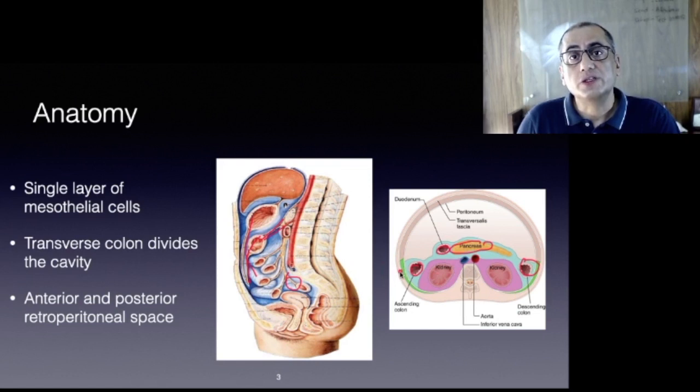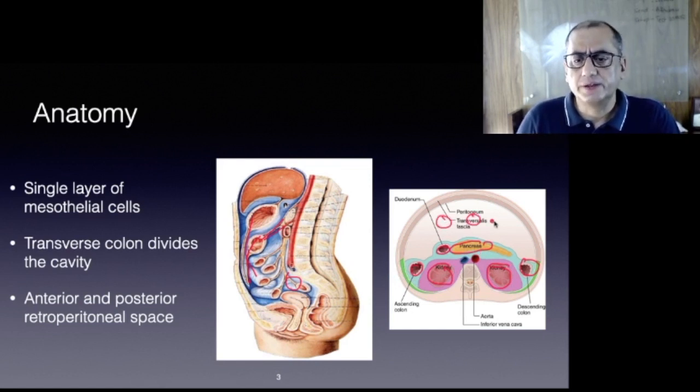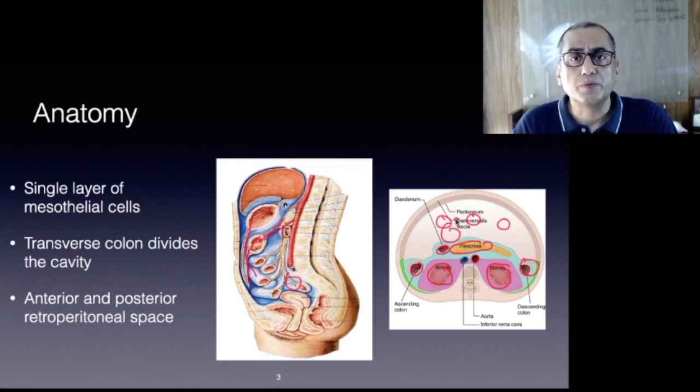The kidneys, ureters, and adrenal glands are found in the posterior retroperitoneal space. The rest of the organs are found within the peritoneal cavity. This arrangement of organs and peritoneal folds directs the movement of spilled bowel contents and is of importance in the presentation and lateral abscess formation in untreated cases.